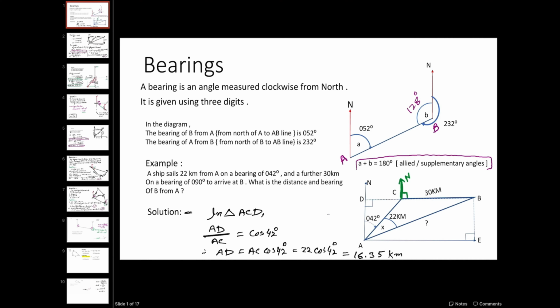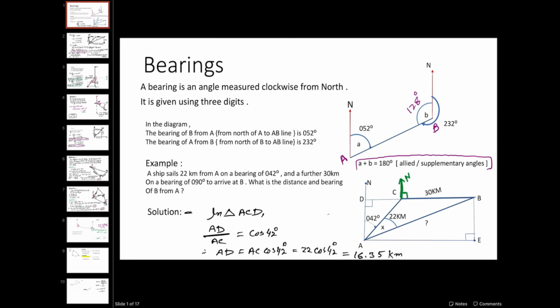In the above figure, angle A and angle B are called supplementary angles or allied angles, and their sum should be 180 degrees. I mean A plus B should be equal to 180 degrees.